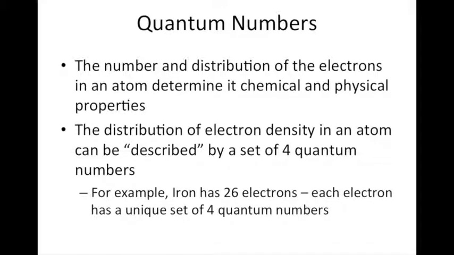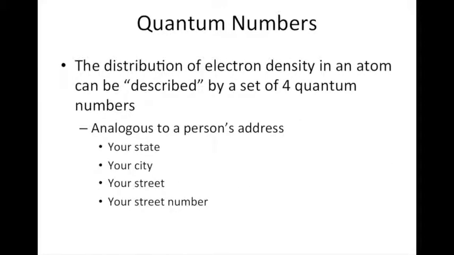For example, each of the 26 electrons in iron will have a unique set of four quantum numbers. As we'll see, the four quantum numbers give us information about each electron, its energy, and where it's most likely to be found at any given time.